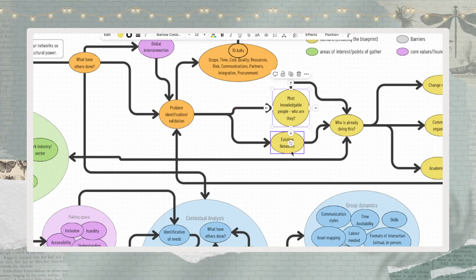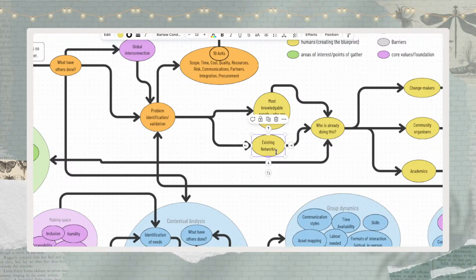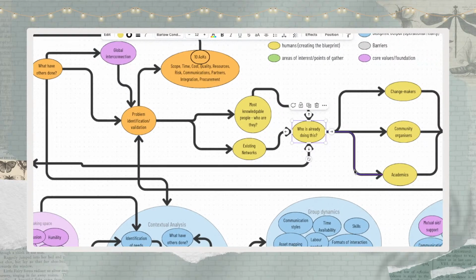And also looking at our existing networks, which are quite vast in terms of industry, in terms of geography, in different communities, who can we talk to within those spaces that are already doing this, and that can help us figure out how people are connecting, how people are already organizing and interweaving their communities in order to achieve these structural institutional changes that they're looking for.